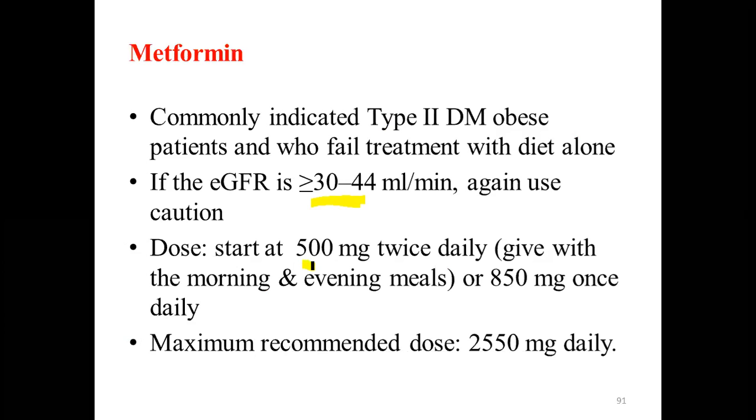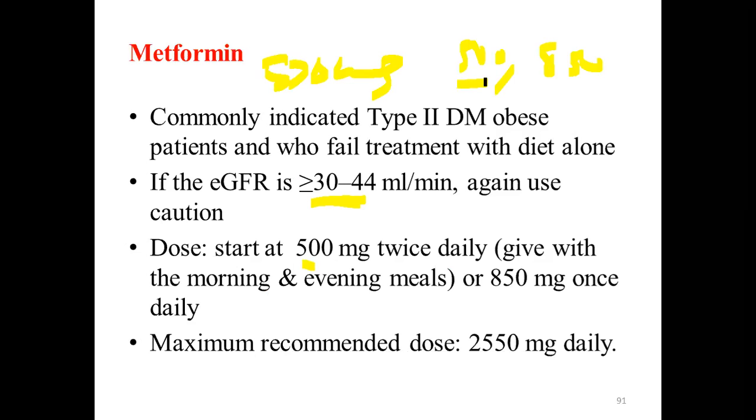So what is the most common dose of metformin? Remember, metformin is the most widely available and widely used medication in our setting. Mostly we use 500 milligrams twice daily, or we can use even the 850. We have 500 tablets and 850 tablets.